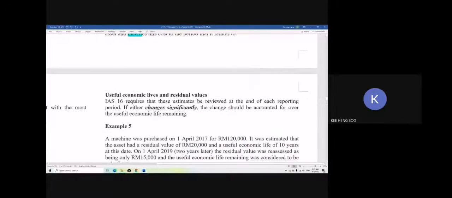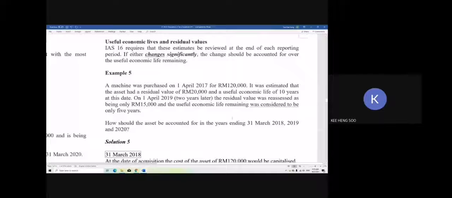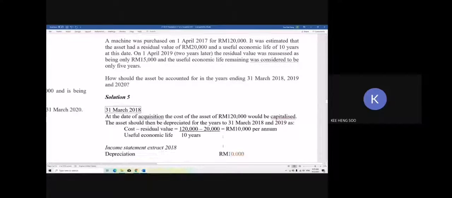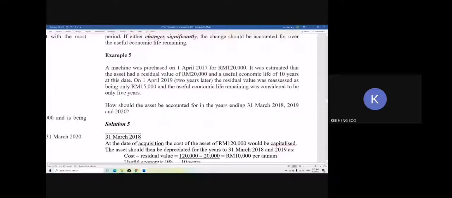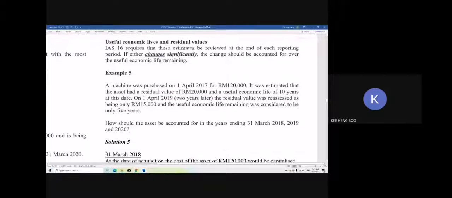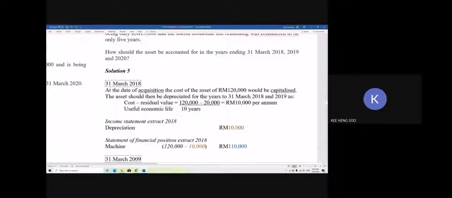Useful life and the life will be changed. This question I discussed last week already, but I never gave you the answer. Can you see that? You got an asset of 120,000, residual value 20. So use 120 minus 20, divided by 10 years.